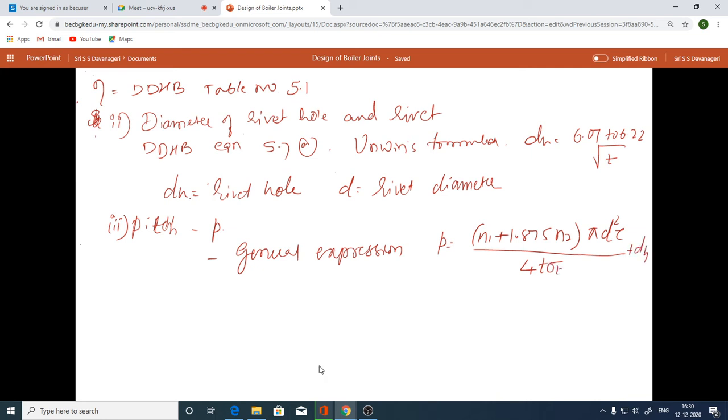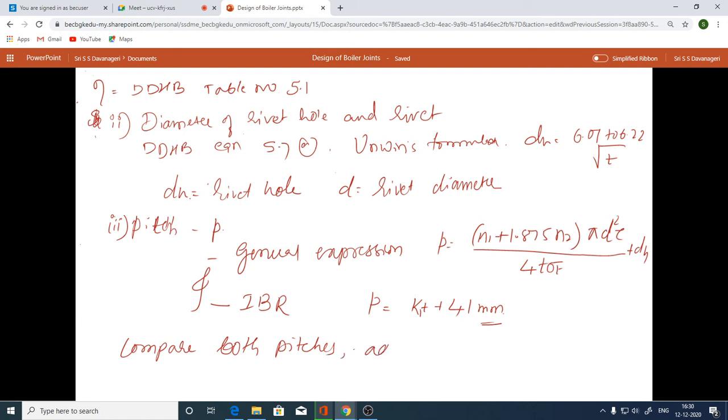And based on IBR also, P equal to K1 T plus 41 mm. Now compare both pitches and adopt the minimum pitch.